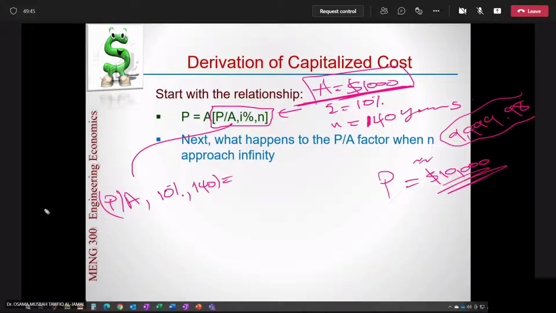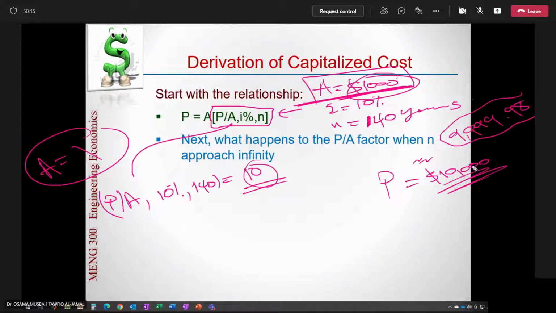You need to put A equal to 1. Put A equal to 1 and tell me how much that factor is. It comes to approximately 10. So if you multiply this 10 by that 1,000, it will give you the same answer.